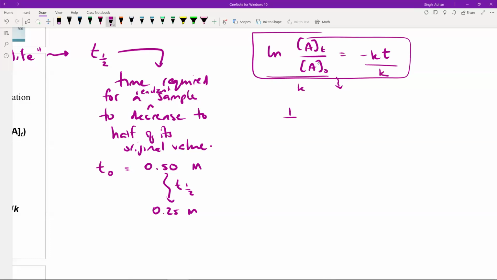So I end up with 1 over k times the natural log of A at time t over A0, equal to negative t. If I multiply this side by -1, I need to multiply the other side by -1 as well, but I get rid of the negative sign.